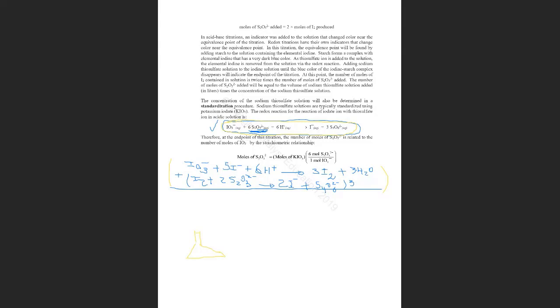So you will have a flask with the unknown, and the unknown is your analyte. Please look at all the videos that Labflow is showing, because they will ask you. So basically, you have a stopcock that you can open and close, and your burette is filled with your titrant.